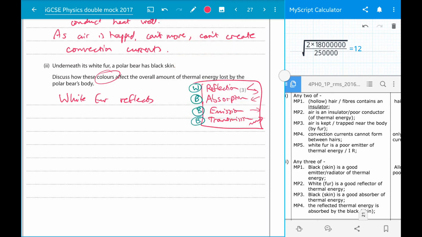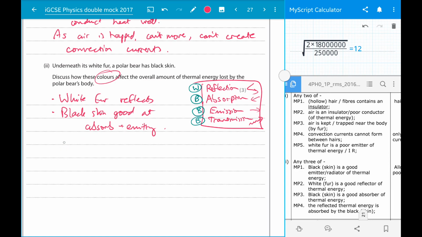So white fur reflects, yes. And black skin is good at absorbing and emitting. Yes, that's the basics that we need to start off with.